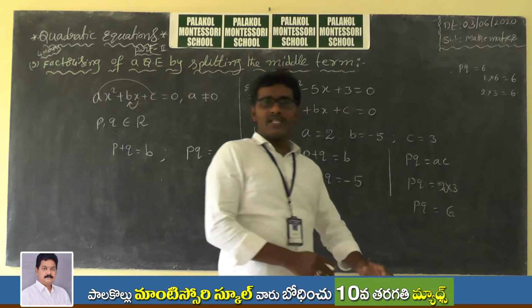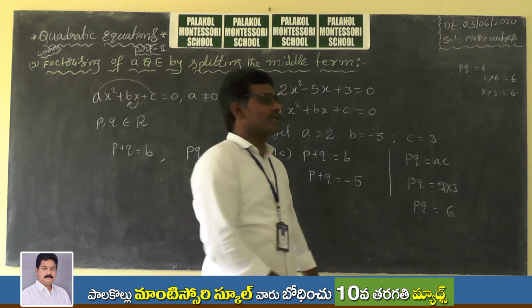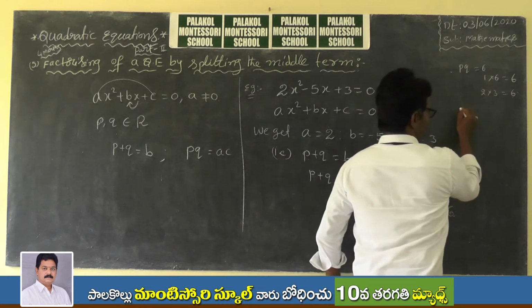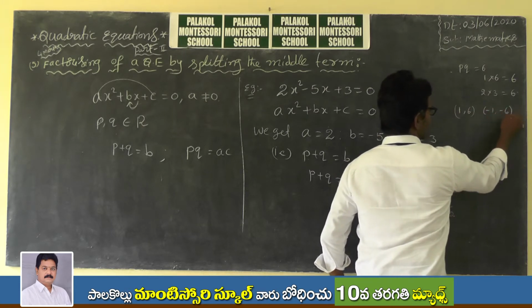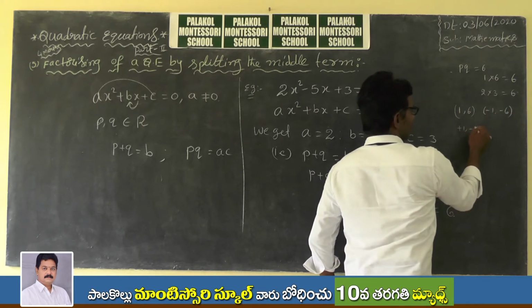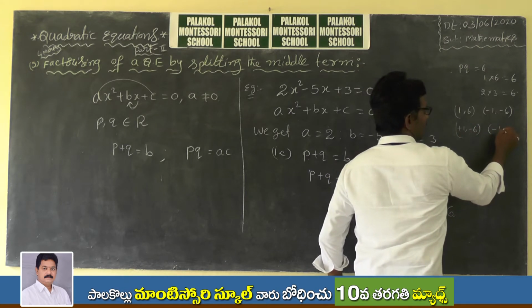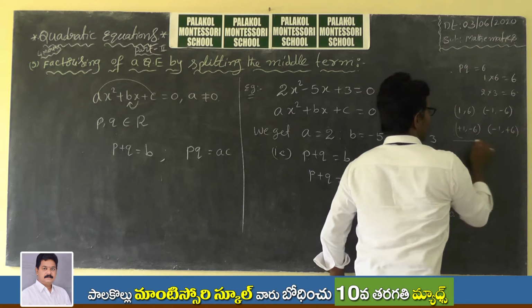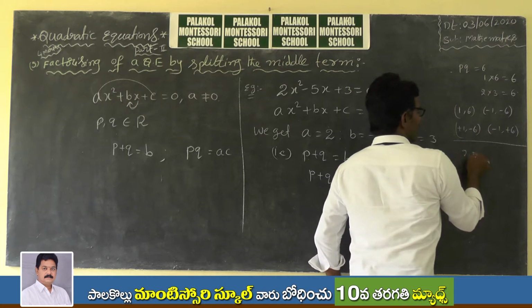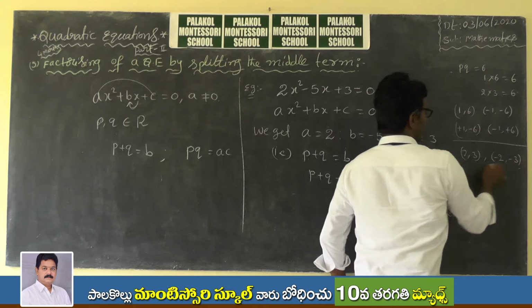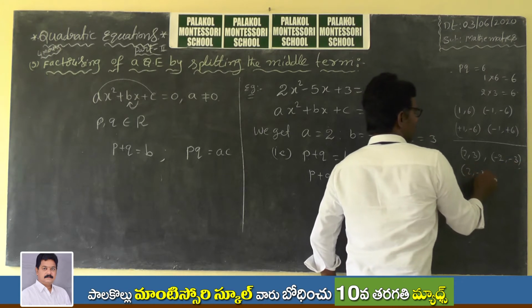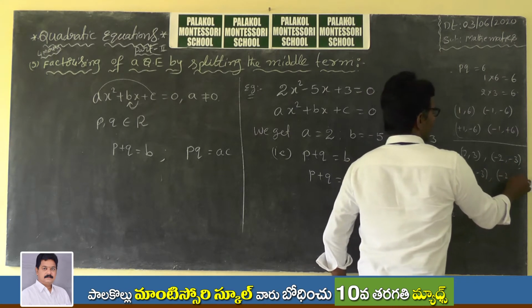The factors you can write in some combinations. See, for 1 and 6: 1 and 6, minus 1 and minus 6, plus 1 and minus 6, and minus 1 and plus 6. On the other side, for 2 and 3: minus 2 and minus 3, 2 and minus 3, and minus 2 and plus 3.